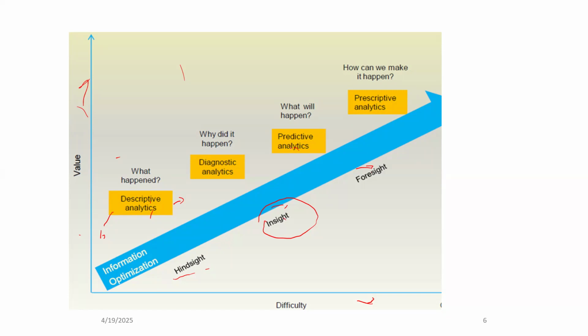Imagine you are able to have an idea that one of your staff may be absent from work tomorrow. What about that? That is predictive analytics. You want to have an idea that, okay, this staff will not be present tomorrow at work.